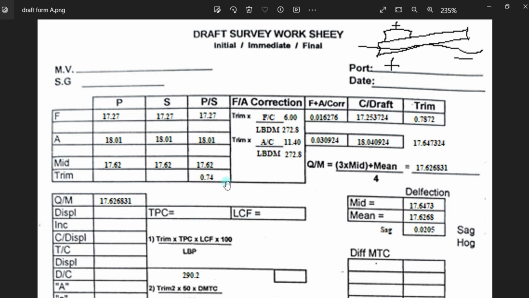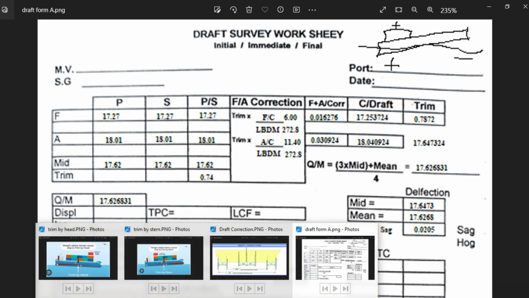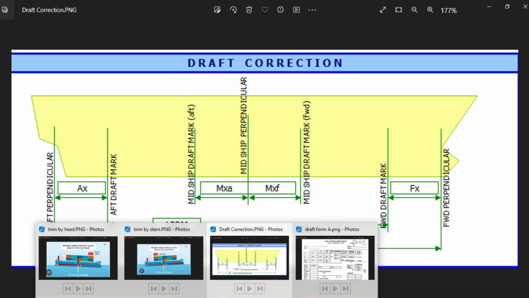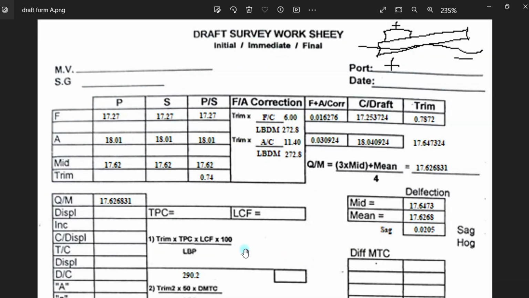So you will have a correction. Forward correction will be 6 meters, and your aft correction will be 11.4, which is this one. So that's where you get your forward and aft correction.